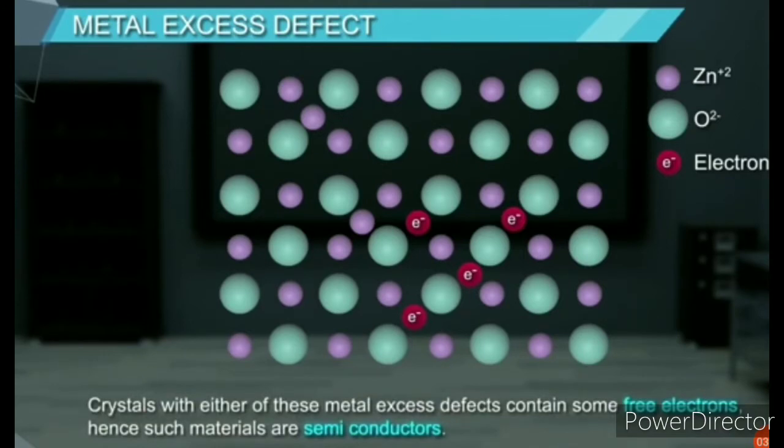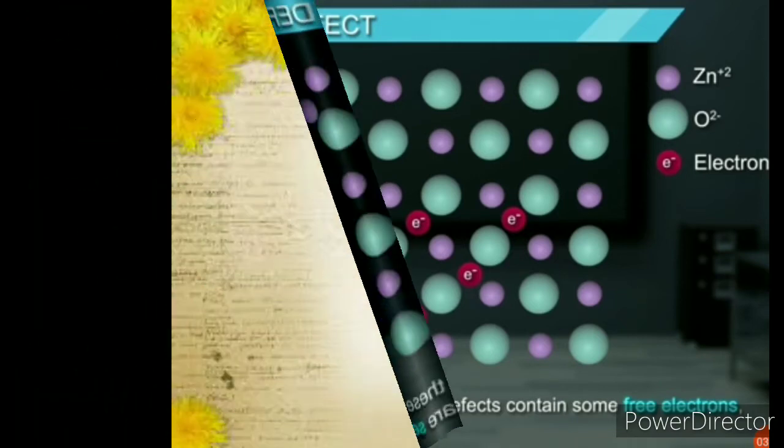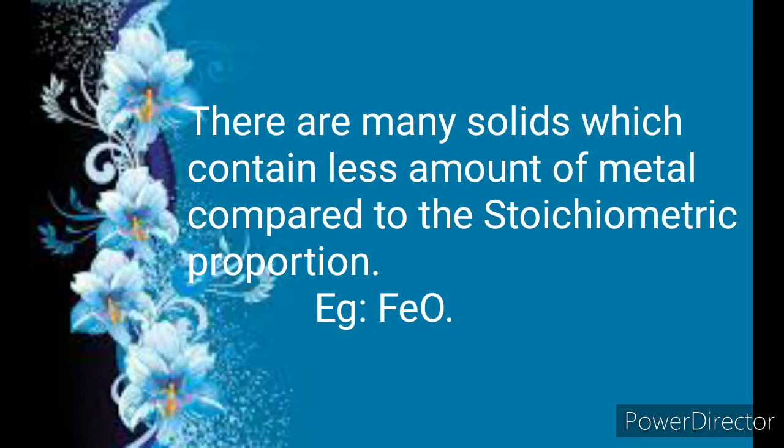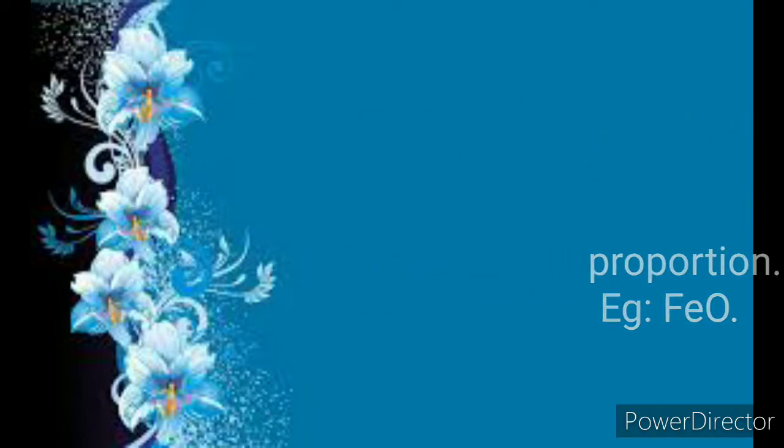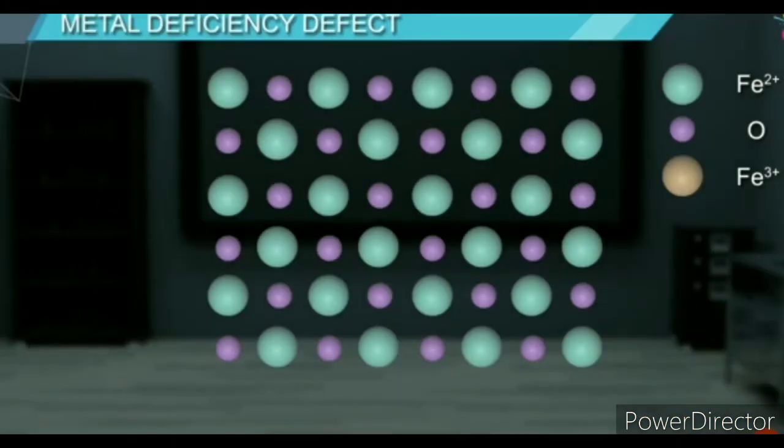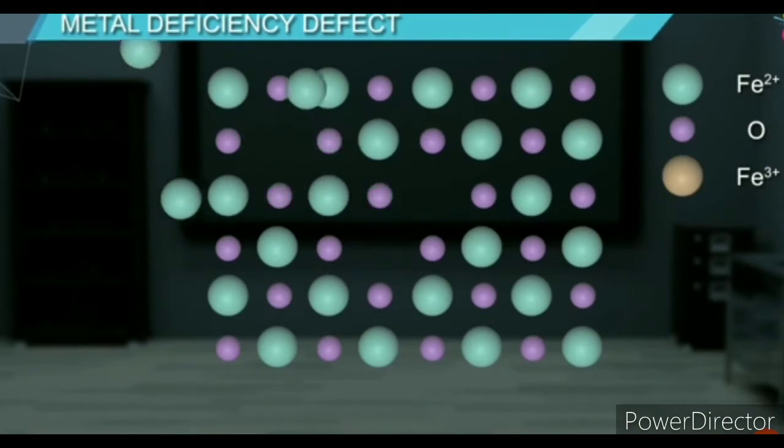Next, the last one is metal deficiency defect. There are many solids which contain less amount of metal as compared to the stoichiometric proportion. A typical example of this type is FeO, iron oxide, which is mostly found with a composition of Fe0.95O.